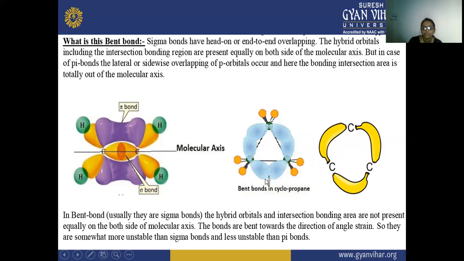Next, the bent bonds are usually sigma bonds, and the hybrid orbitals and the intersection bonding area are not present equally on both sides of the molecular axis. The hybrid orbitals that are formed, or the intersection where the bonds overlap, is not equal on both sides of the molecular axis, and the bonds are bent towards the direction of angle strain.